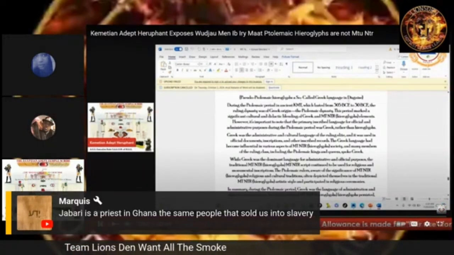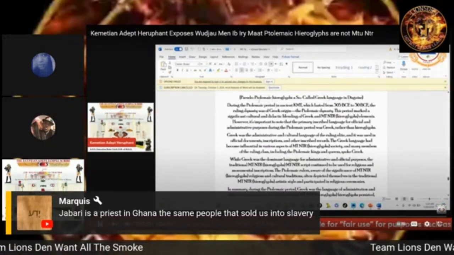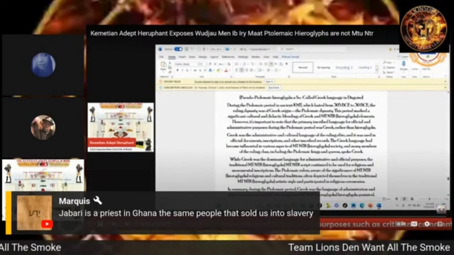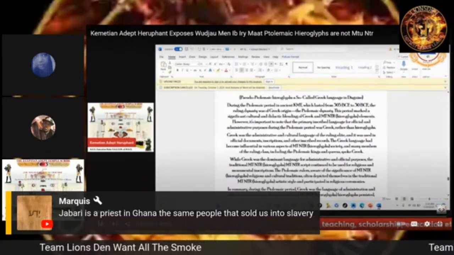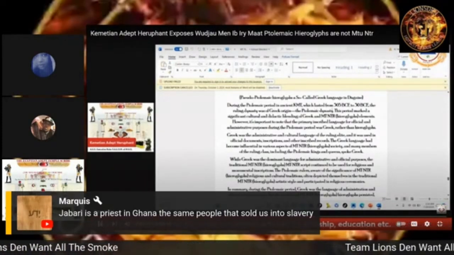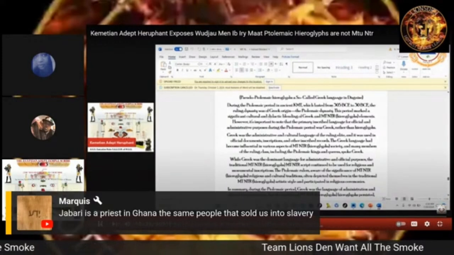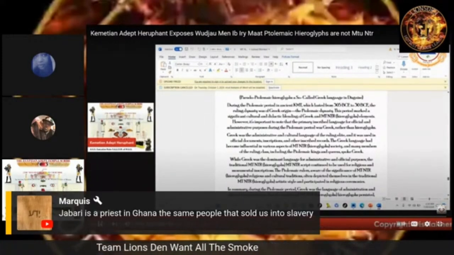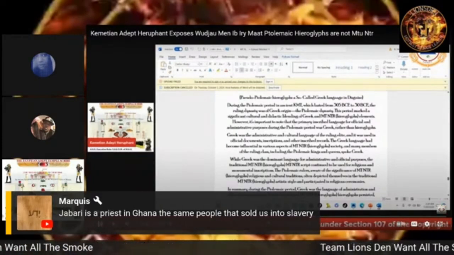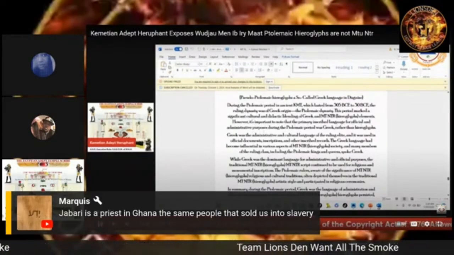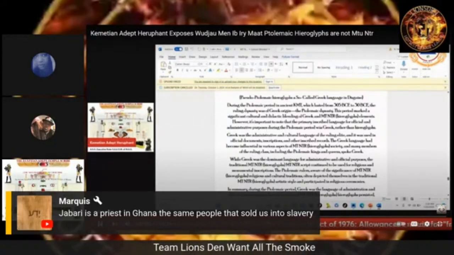A so-called Greek language in disguise. During the Ptolemaic period in ancient Kemet, which lasted from 305 BCE to 30 BCE, the ruling dynasty was of Greek origin, the Ptolemaic dynasty. This period marked a significant cultural and didactic blending of Greek and Medu Neter hieroglyphic elements. However, it is important to note that the primary inscribed language for official and administrative purposes during the Ptolemaic period was Greek rather than hieroglyphs.